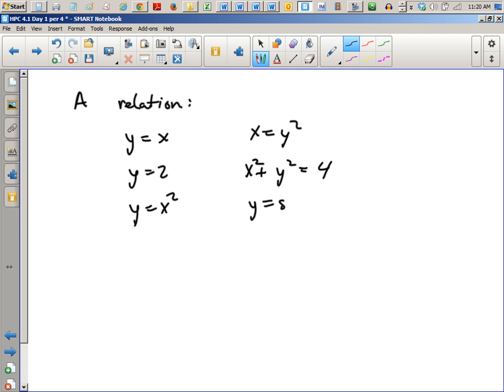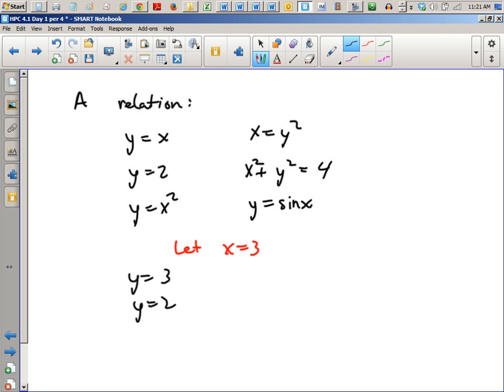Y equals sine x. Okay, so someone just give me any number for x. Just give me a number. 3. Okay, so let's say we let x be 3, right? So if you let x be 3, the first one's going to give us y equals 3. The second one's still going to give us y equals 2. It doesn't matter what you plug into y equals 2.